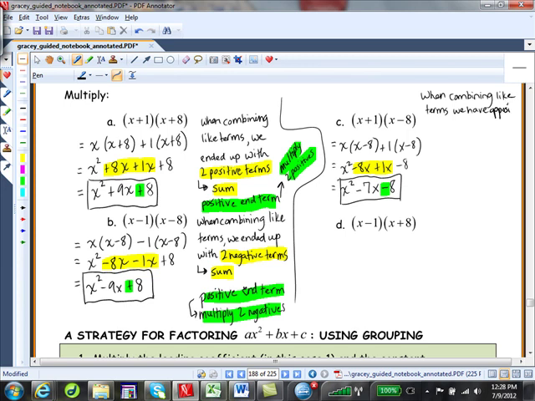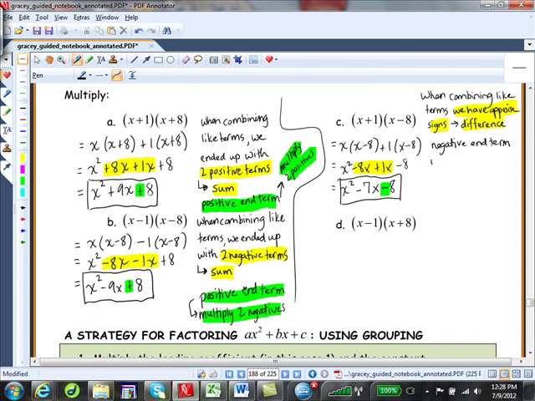I'll just say opposite signs. So that means it's a difference. Okay? So that's the yellow. Now the green says we have a negative end term, which is a negative product.